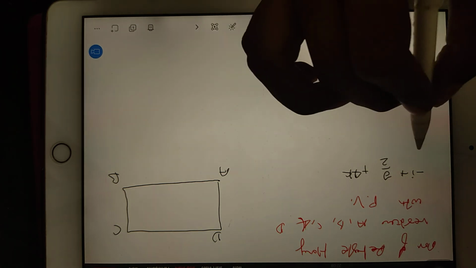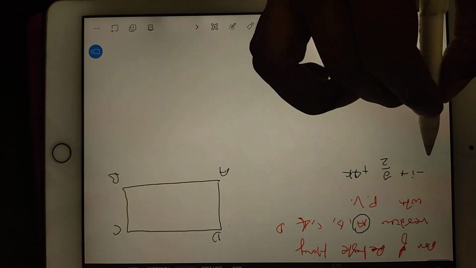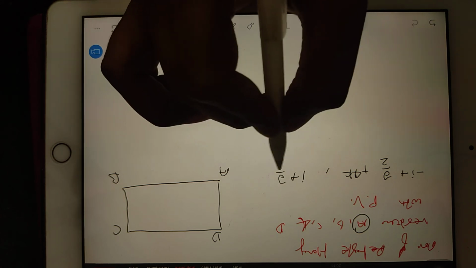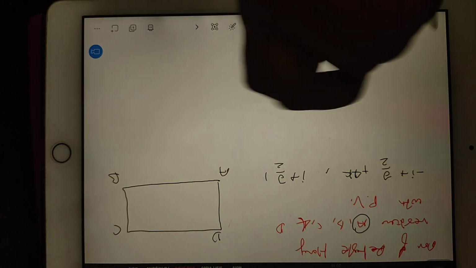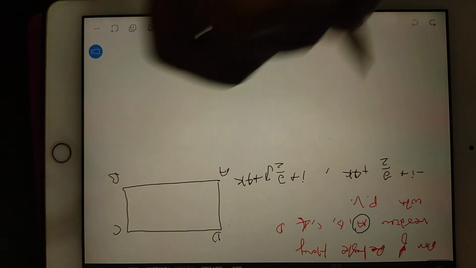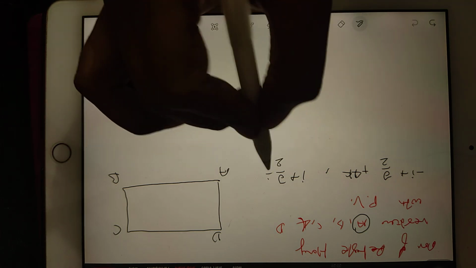This is one position vector, and this one is for A, and then i plus j by 2 plus 4k.